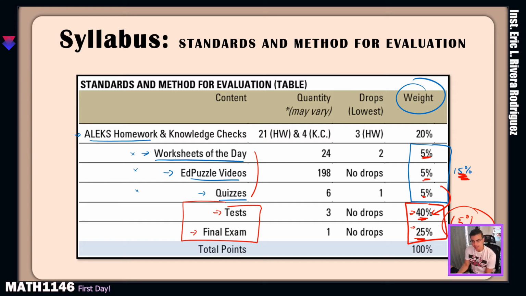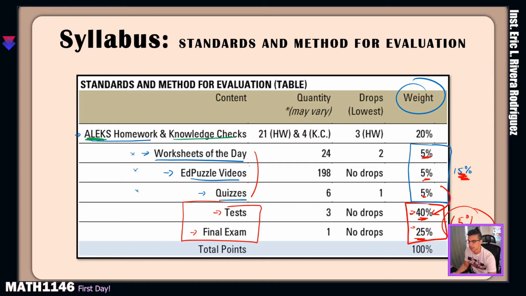The same happens with ALEKS homework and knowledge check, but because we are going to be using ALEKS, the way it works here is a little bit different, because ALEKS is called an AI. So ALEKS is a program that will decide your level of knowledge of the class, and that is why we use knowledge checks.